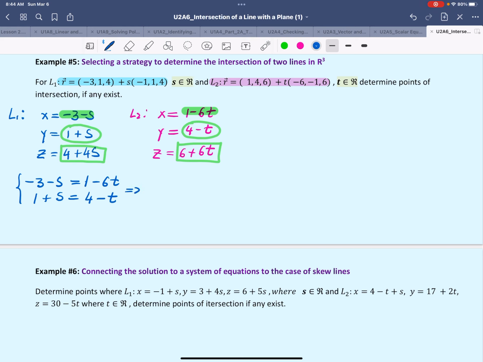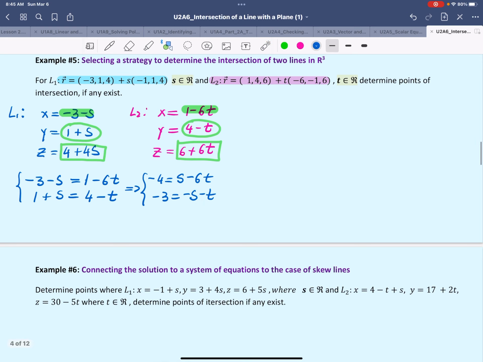So what we have in here is -3, bring 1 to the left side, so that makes a -4. And bring -s to the other side, make it positive s minus 6t. Second equation, I'm bringing 4 to the left side, 1 minus 4, -3, equals s to the right side, -s minus t. As you can see here, we have the term s with opposite coefficients, 1 and -1, which makes it convenient to solve this system by using the elimination method.